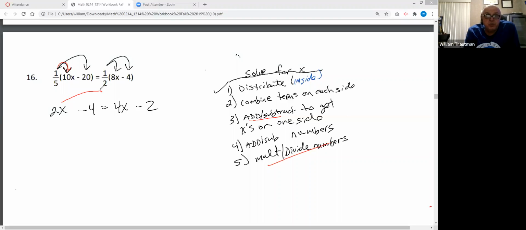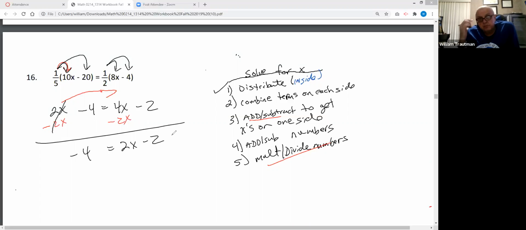I'm going to take the 2x over to the other side. It's a positive 2x, so I'm going to subtract 2x from both sides. When I subtract 2x, that turns to 0. I'm left with negative 4 equals 4x minus 2x is positive 2x.